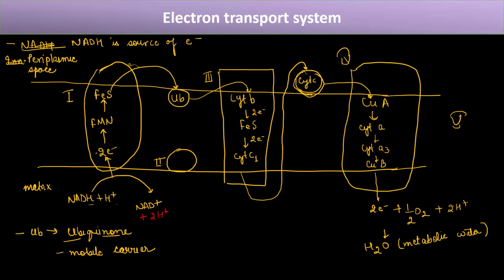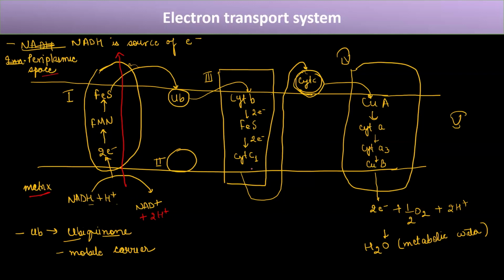If you remove the electron, the hydrogen ion will also get detached. So as the electron moves, the hydrogen ions also start moving, from this matrix, in this direction. With the movement of two electrons, two hydrogen ions move from this matrix to the intermembranous space.